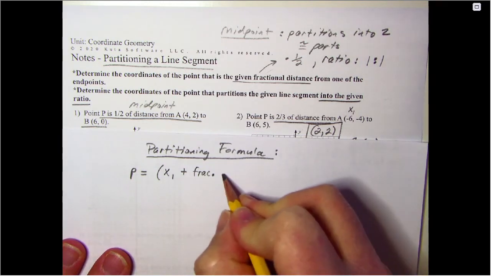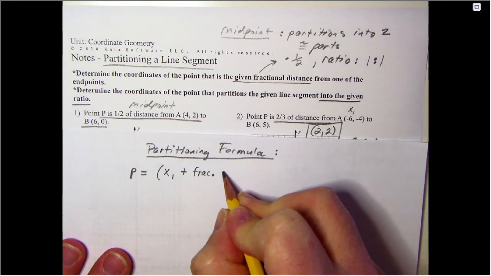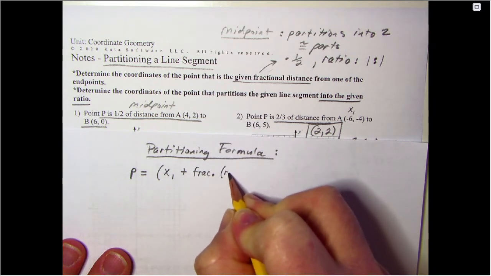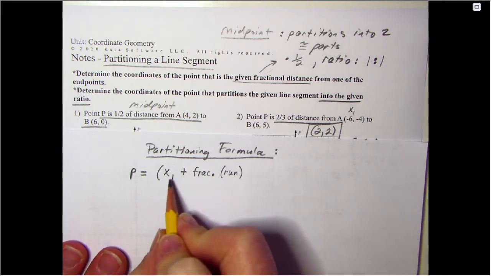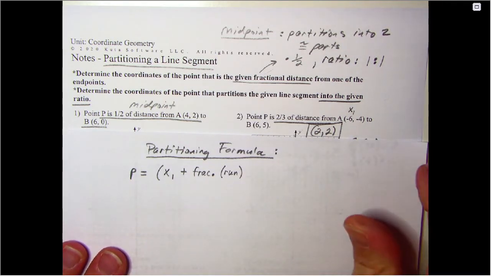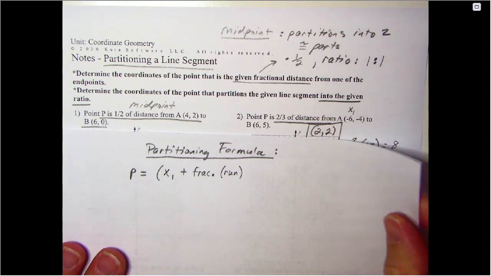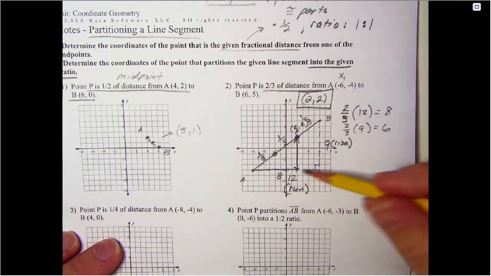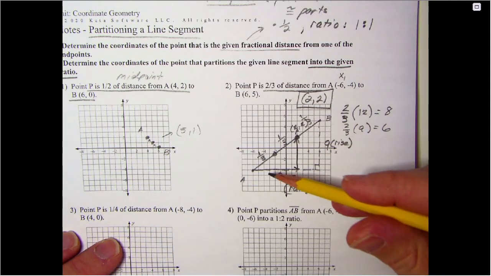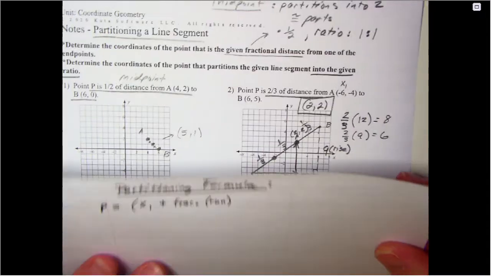The fraction of distance in the x direction, which we call the run. Going back to that triangle, we started at point A, and we went 2/3 of this 12. The run was 12.